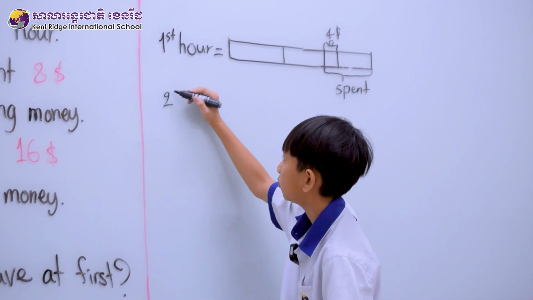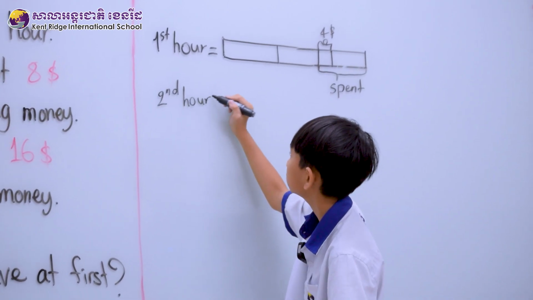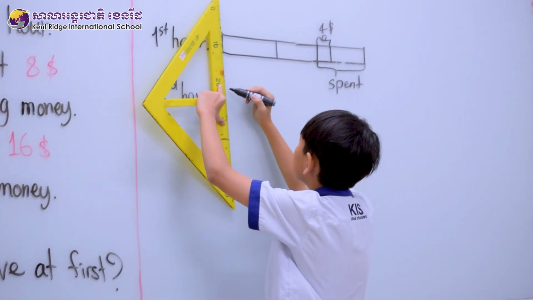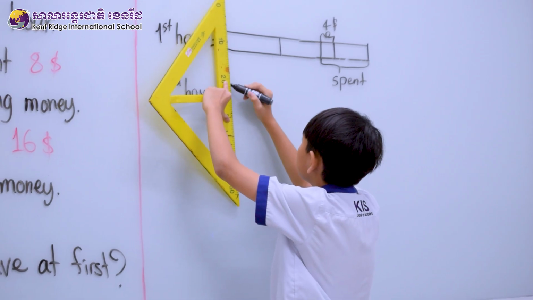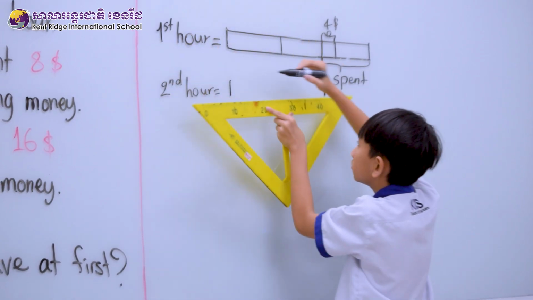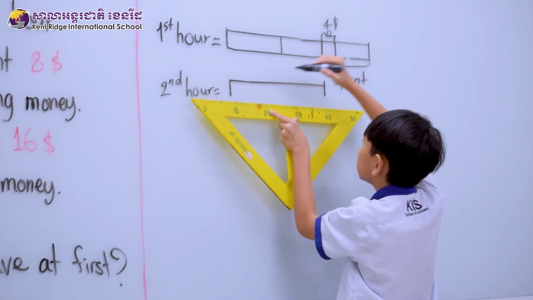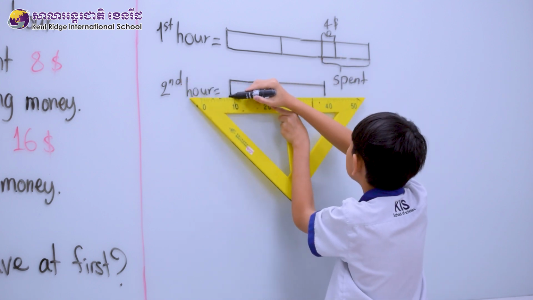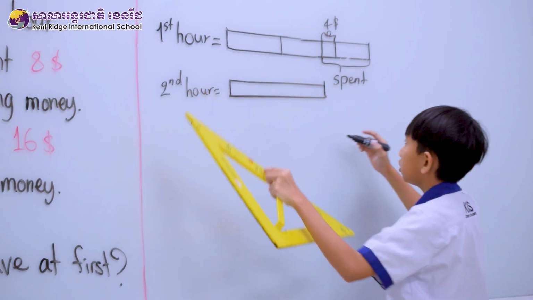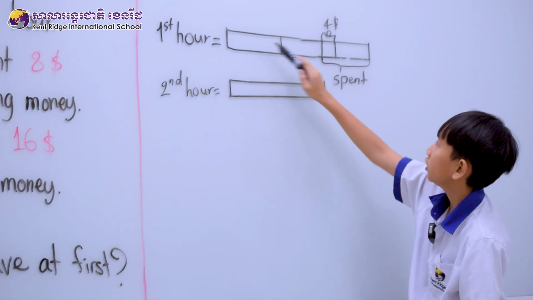After drawing the first model, let's begin our second model. The reason why I draw the second model this much is because her remaining money is this much.